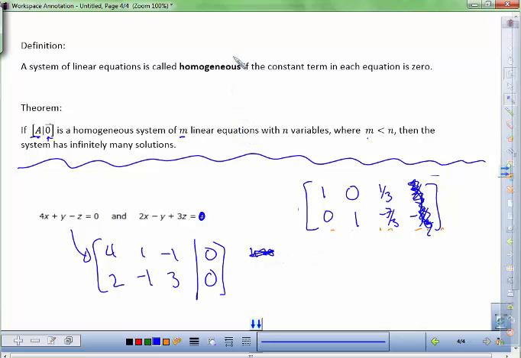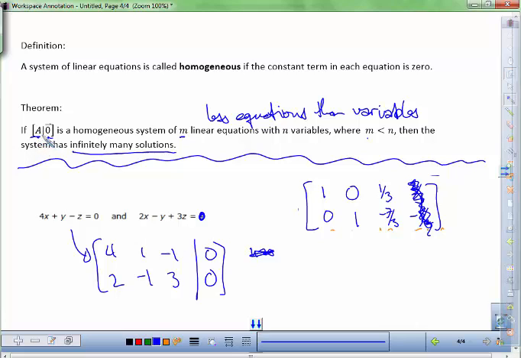So let's rephrase this. If m is the number of equations, and you have fewer equations than variables, then you have infinitely many solutions. So in this case, this has infinitely many solutions.